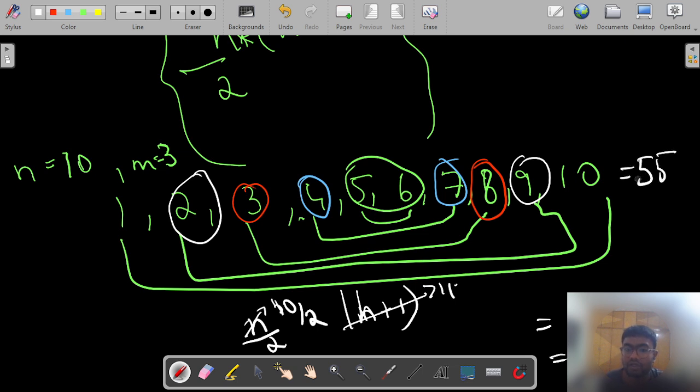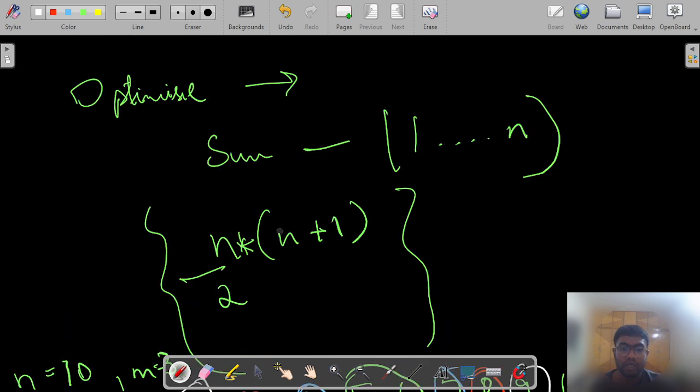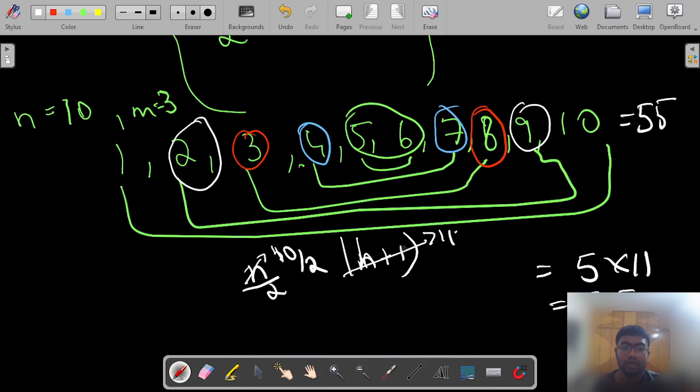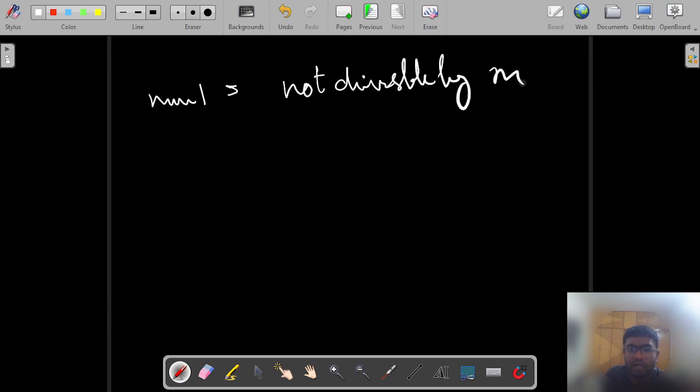So that's the sum. And knowing this, we can also solve the sum of the divisible part. Nums1 is not divisible by m, while nums2 is the ones that are divisible by m, right?